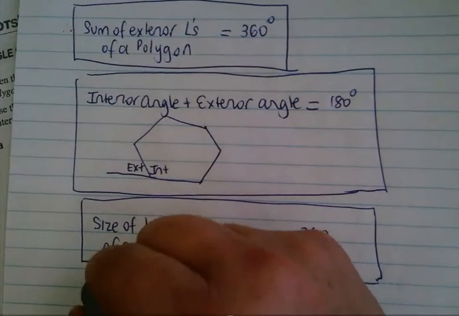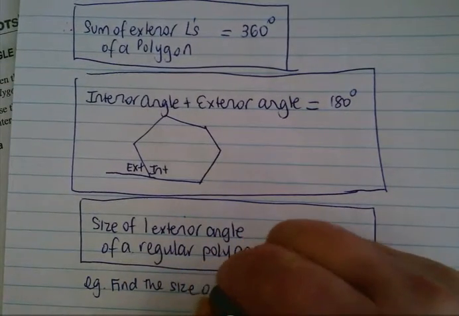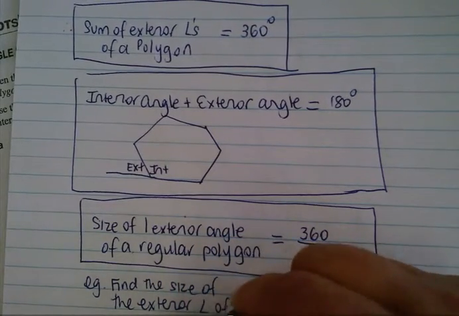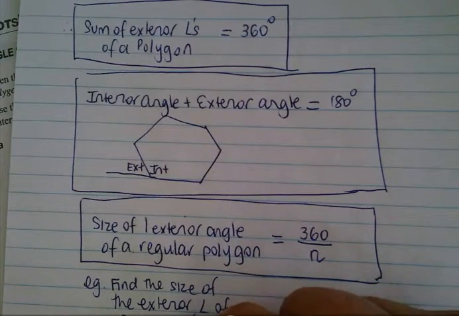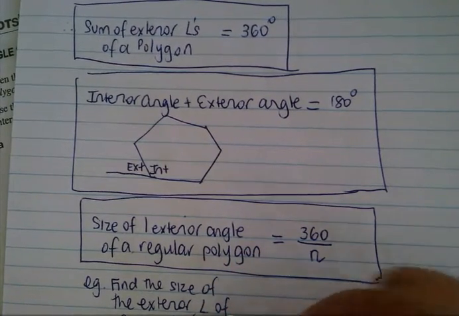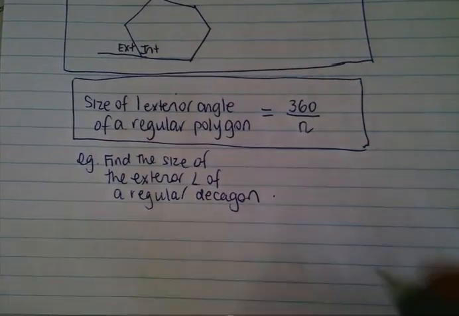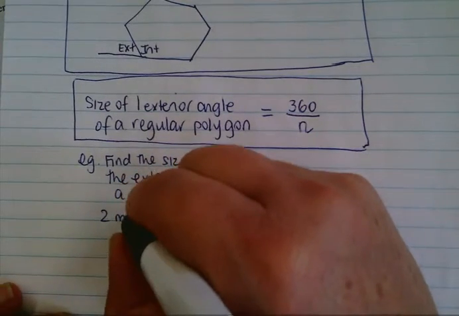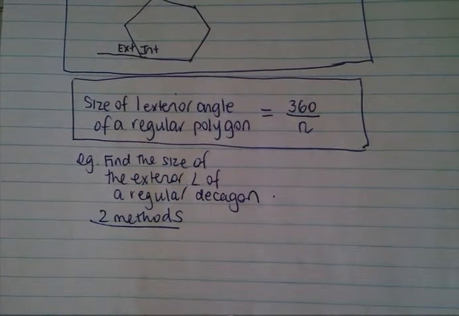So I'll just do some examples. One more example for today. Sorry, I should have written that all the way across. There are 2 ways to do this. Find the size of the exterior angle of a regular decagon.